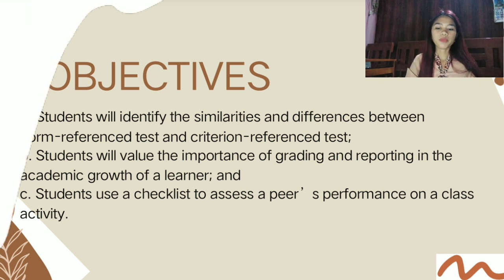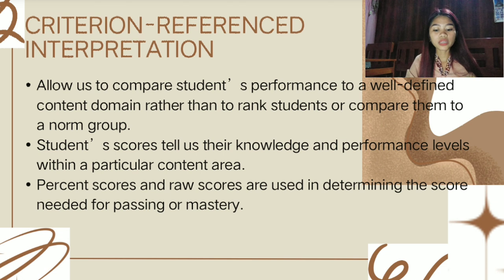So first topic, we have the criterion reference interpretation. So what do we mean by criterion? So from the word itself, it allows us to compare students' performance to a well-defined content domain rather than to rank students or compare them to a norm.